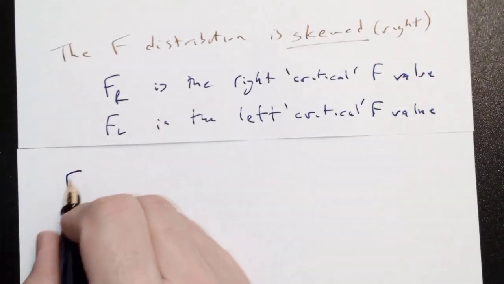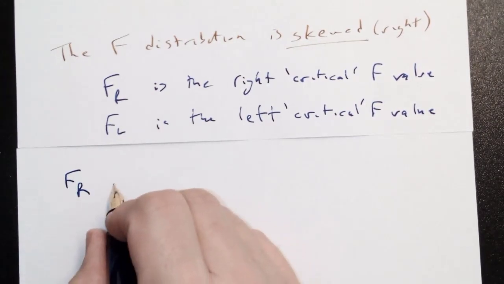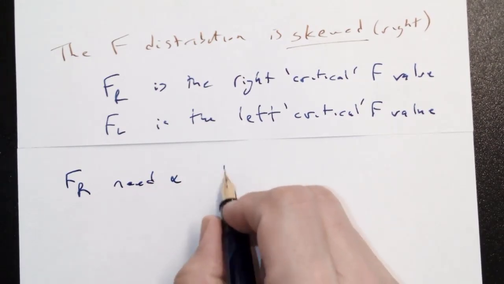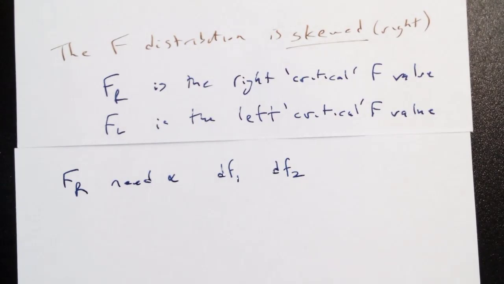that when I do my right value, I need 3 pieces of information. I need alpha, df1, and df2. The book will write the subscripts df1 and df2, won't write alpha. So you need to know what alpha is before you even go look stuff up.